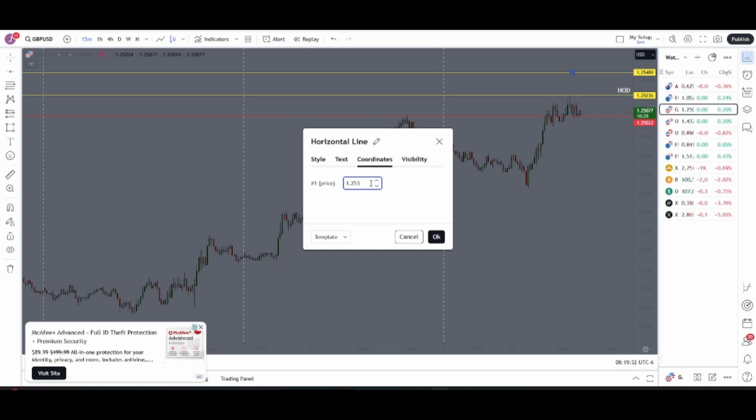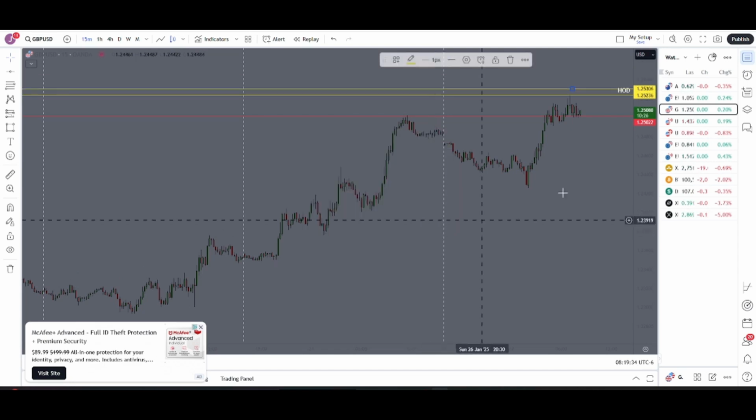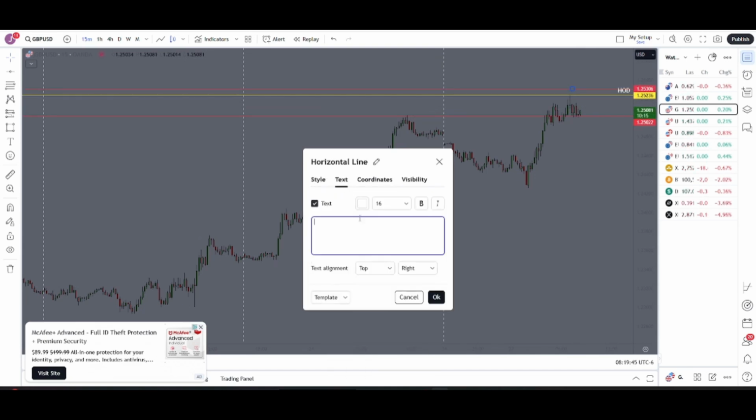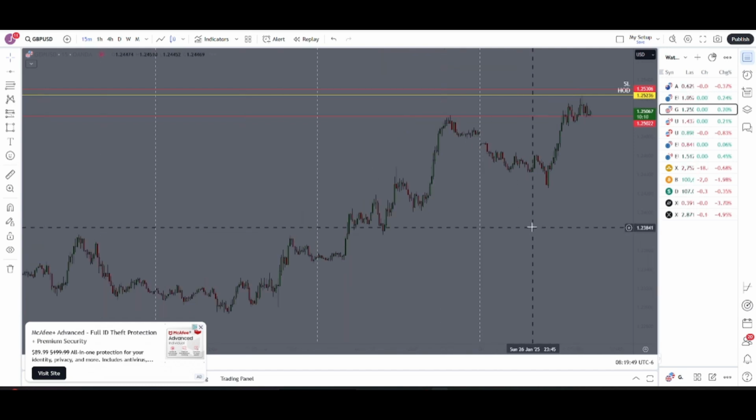Okay, all right, I'm back. That would be my stop loss. Super tight stop loss, only 7 pips above the high of the day. So 25306 stop loss right there. I'll make this red and I'll put stop loss, right? So that would be my stop loss right there.